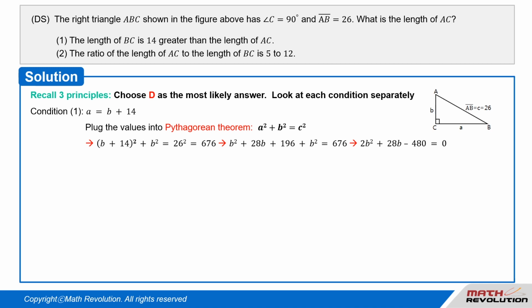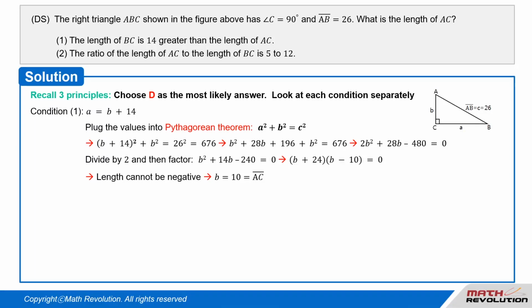So B squared plus 28 times B plus 196 plus B squared equals 676. That is 2 times B squared plus 28 times B minus 480 equals 0.